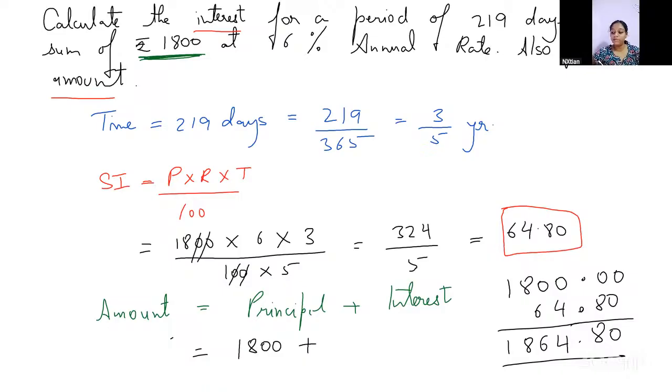I forgot adding 0.00 to 1800. You can directly put the decimal. 1864.80, it will become. Your answer will become 1864.80.